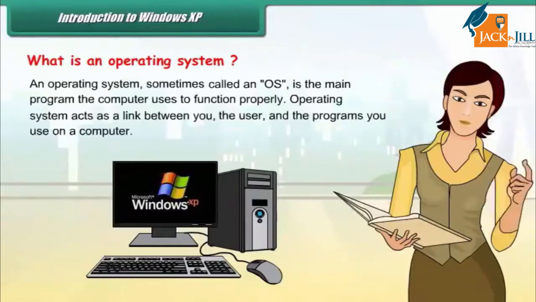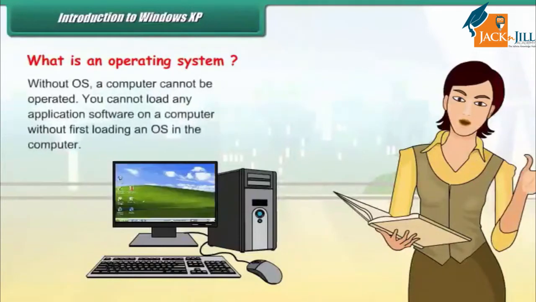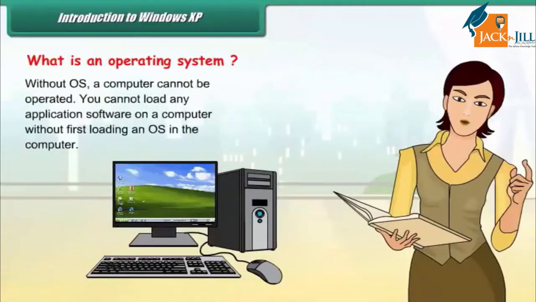The operating system acts as a link between you, the user, and the programs you use on a computer. Without an OS, a computer cannot be operated. You cannot load any application software on a computer without first loading an OS in the computer.